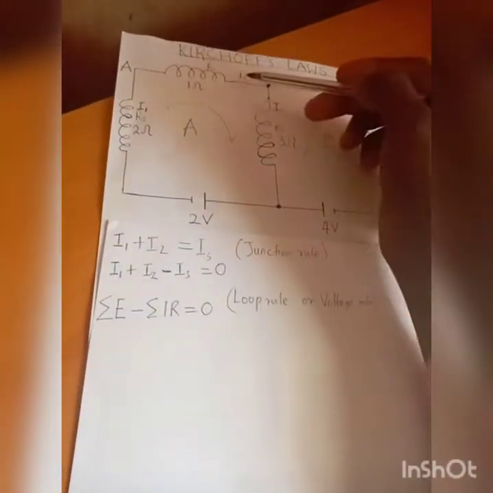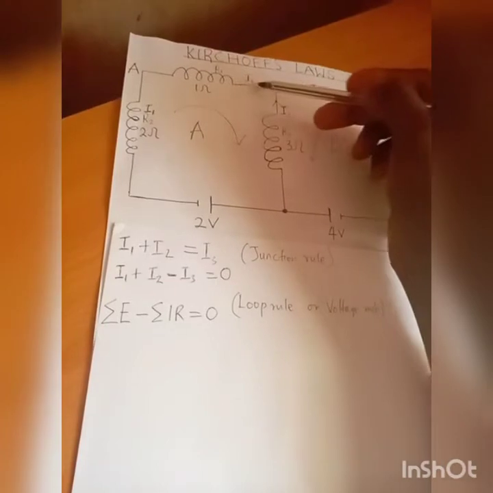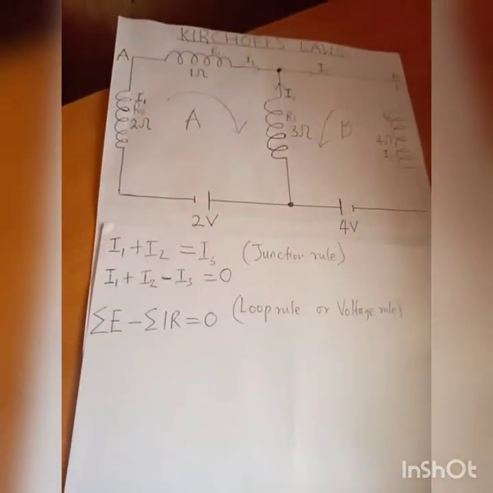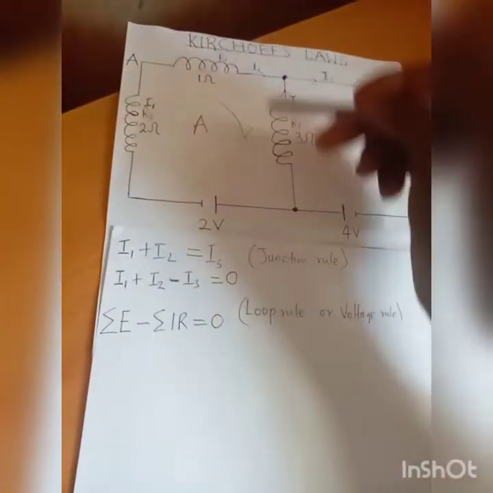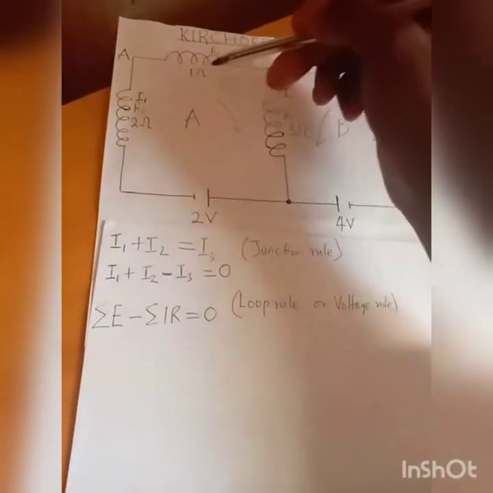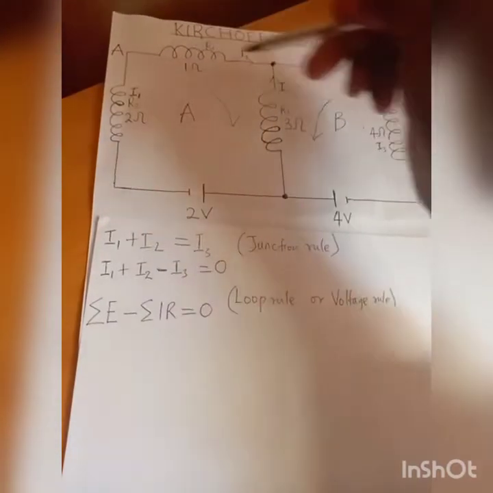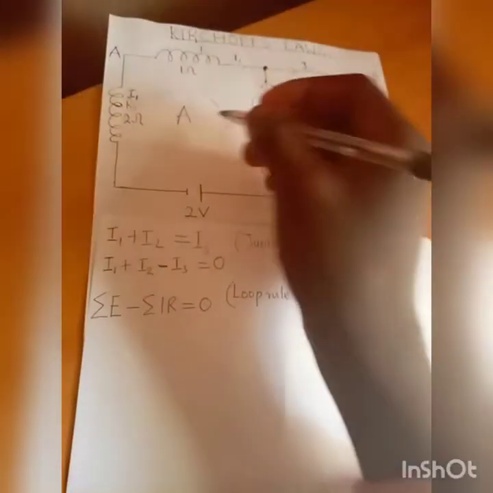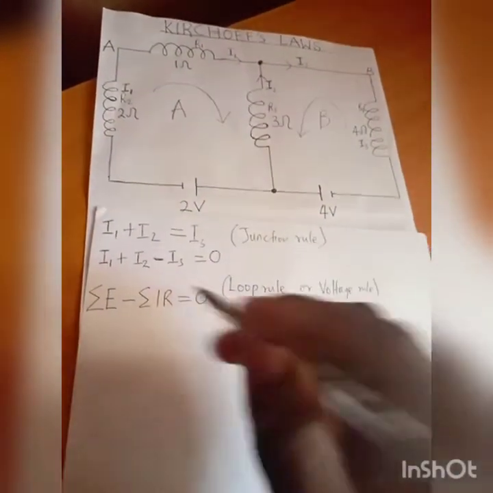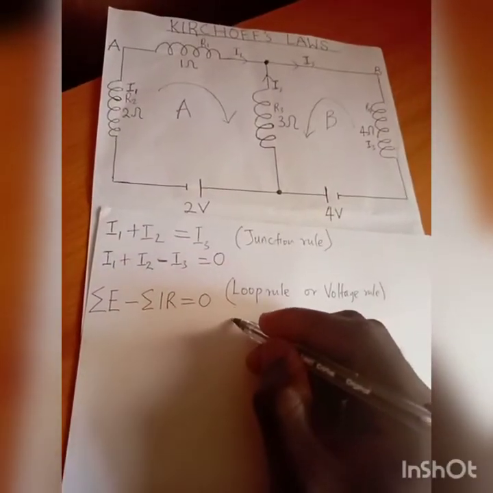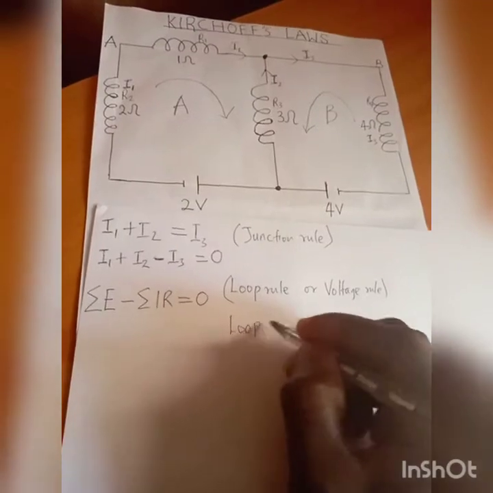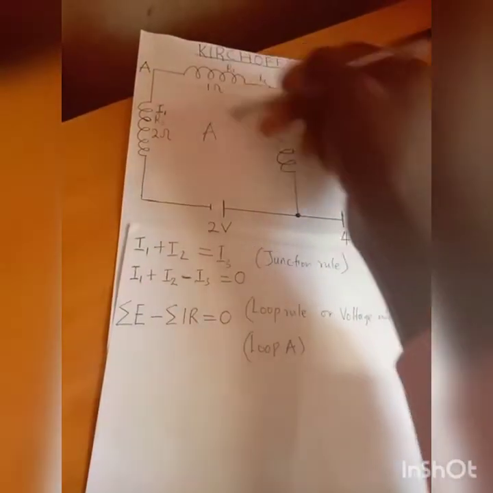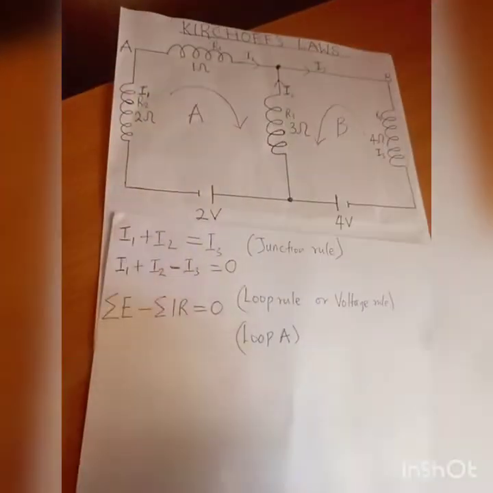Look at this. This is moving this way. This is moving this way. Then the loop is also moving in that direction. Okay? It means that from loop A, we'll be having this one, and this is moving in the same direction.